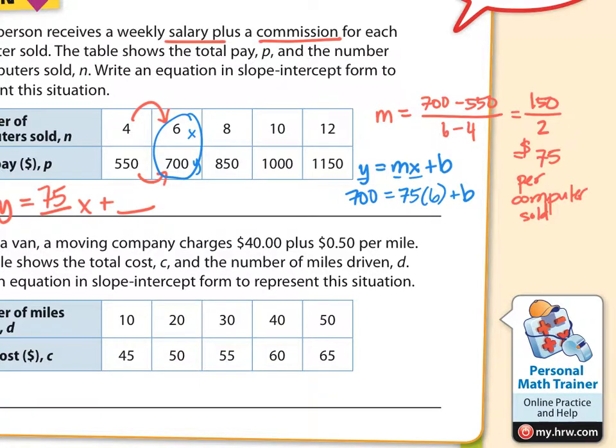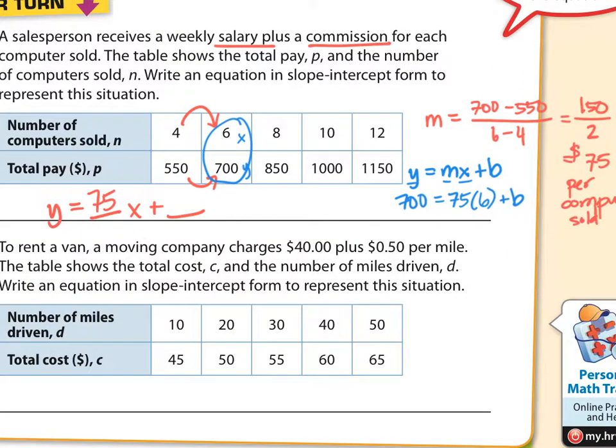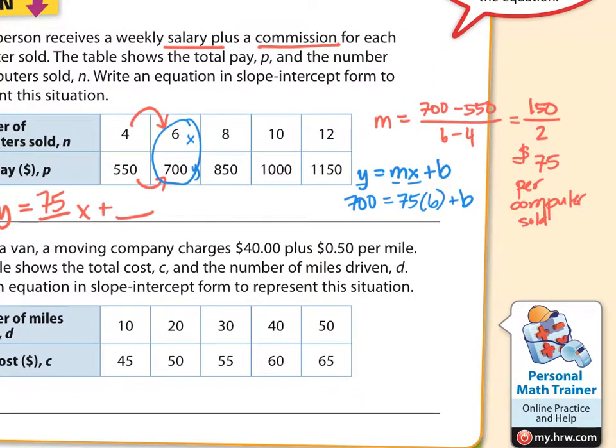The whole purpose of doing this is so that we can find our y-intercept. Remember that on the left side, we still need to fill in that blank. That's our y-intercept. So 700 equals 75 times 6 gives us 450, and then plus b. So I need to figure out 450 plus what number, if I add them together, is going to give me 700.